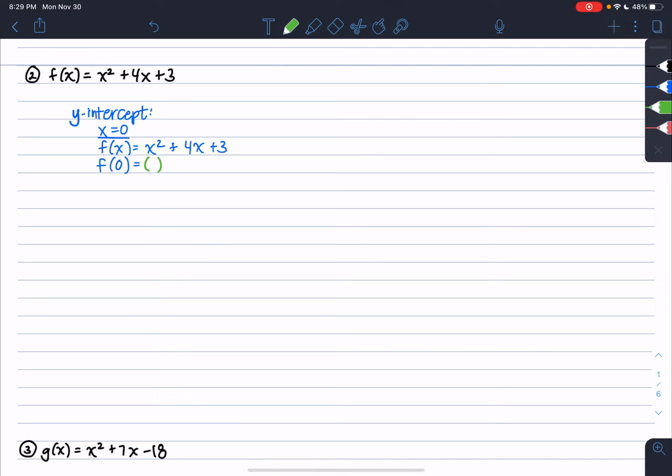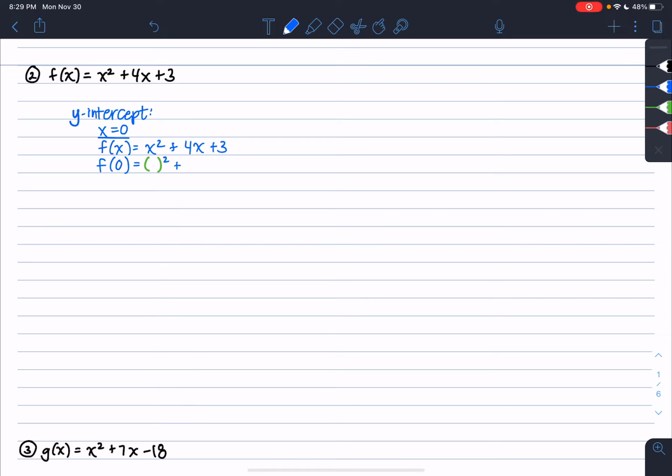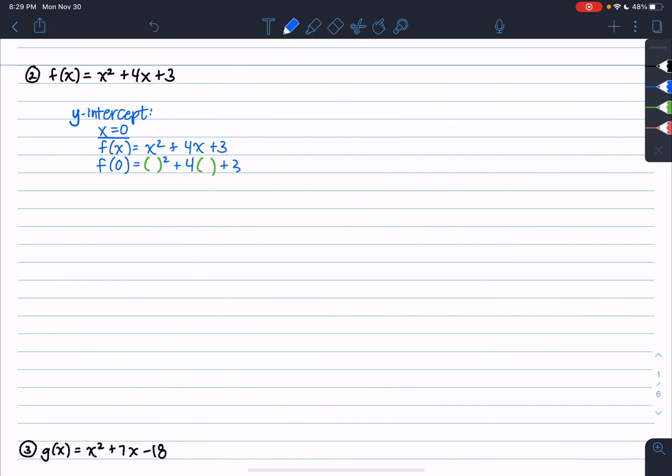and again, we can replace each x with a set of parentheses here. And wherever I see parentheses, I can plug in my zeros. So we get 0 squared plus 4 times 0 plus 3. And when I simplify that, we get f of 0 is equal to 0 plus 0 plus 3, meaning we get 3.